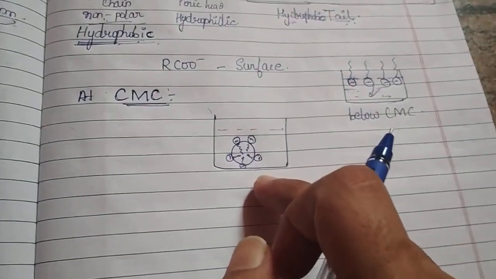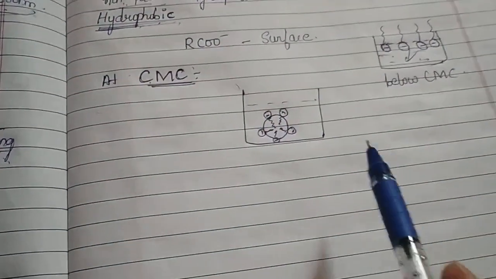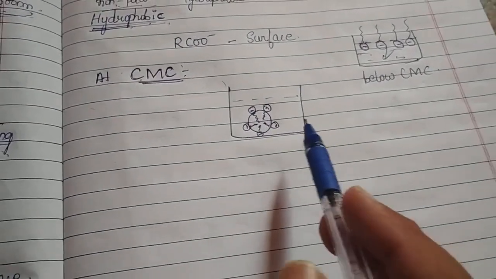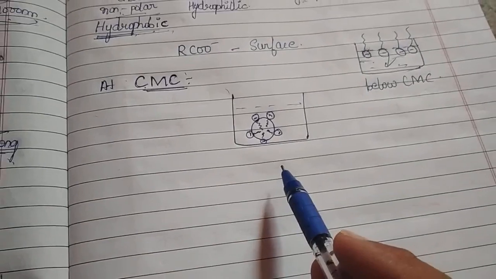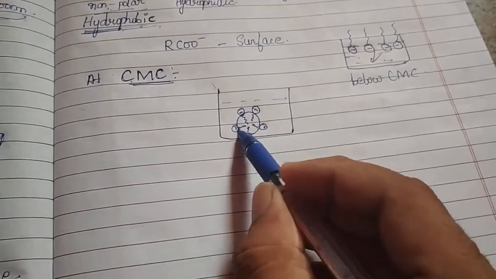So what happens at CMC, that is your critical micellar concentration, is that the anions are pulled into the bulk of the solution, and they aggregate to form a spherical shape.